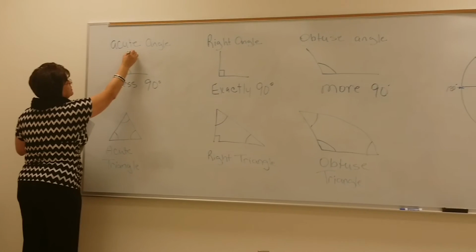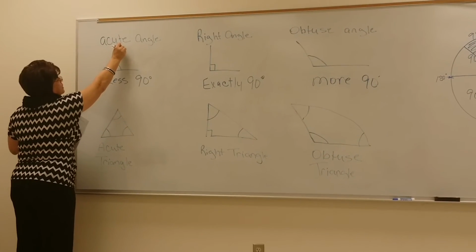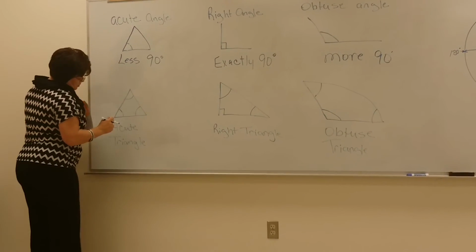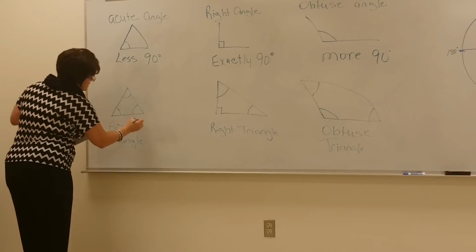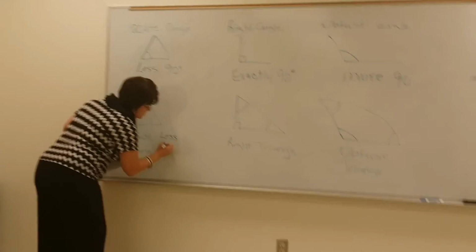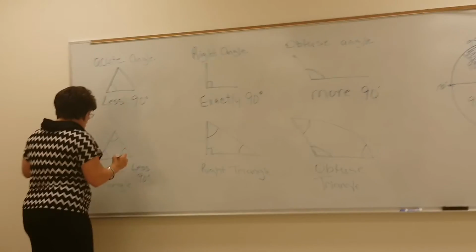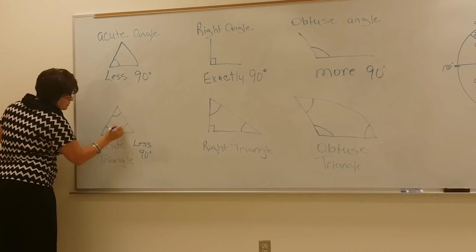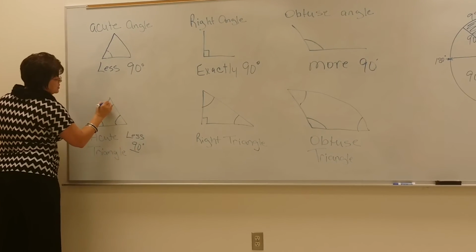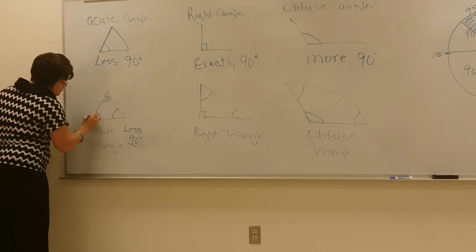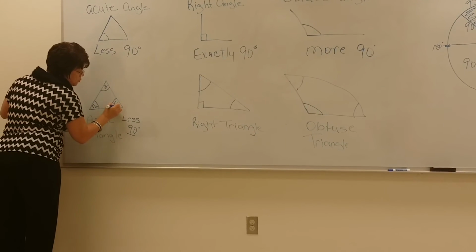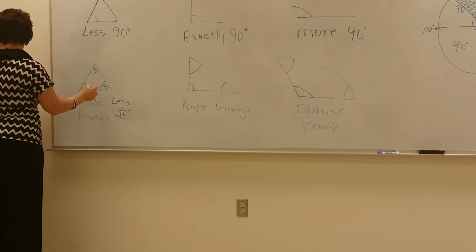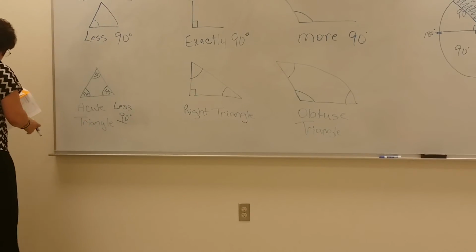If you take this acute angle and make it like this, your acute angle is less than 90 degrees, which means each one of these angles here is less than 90. See, like 30 degrees, 40, and let's say 45 degrees. This is an acute angle, acute triangle.